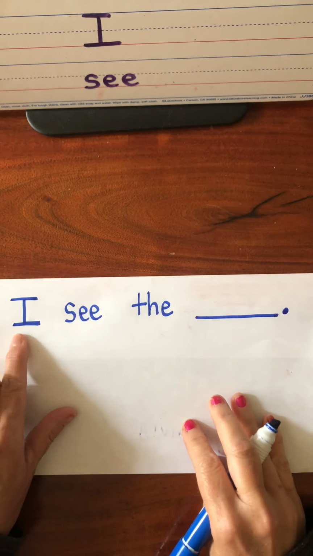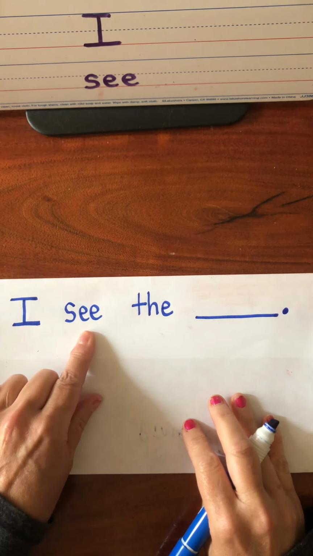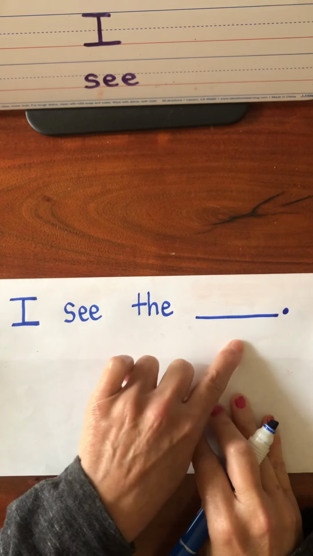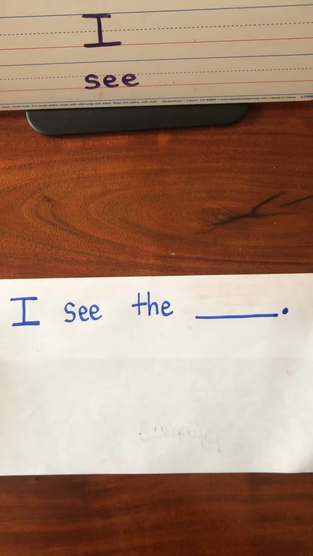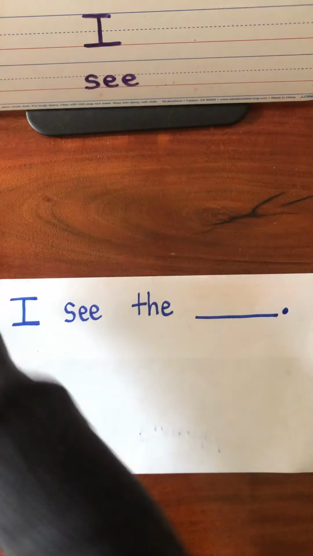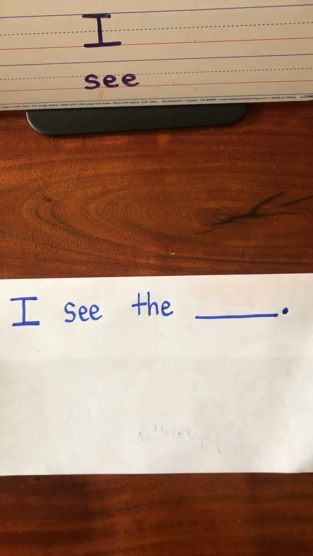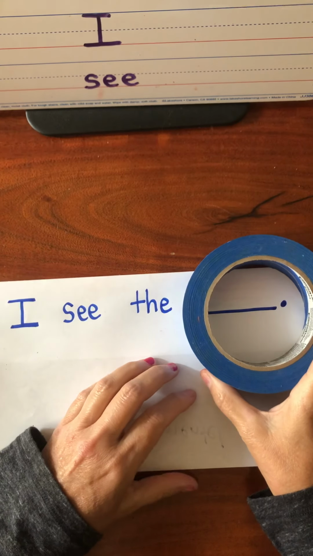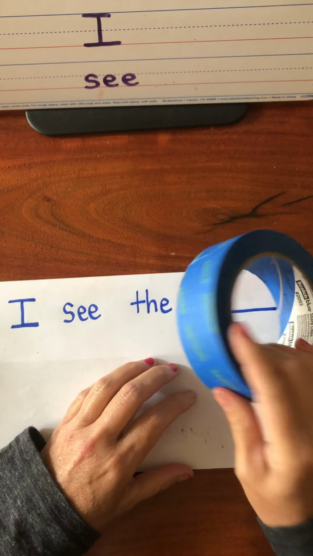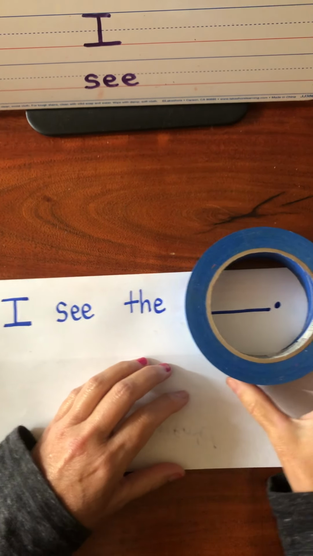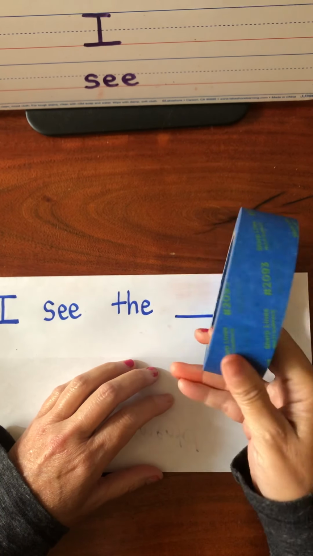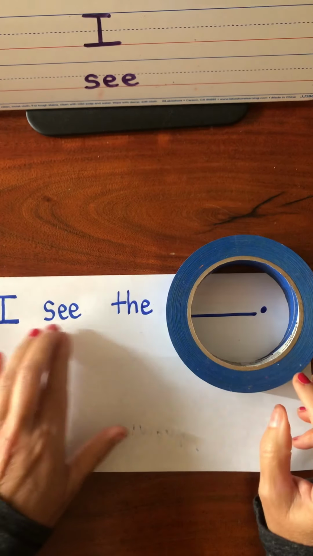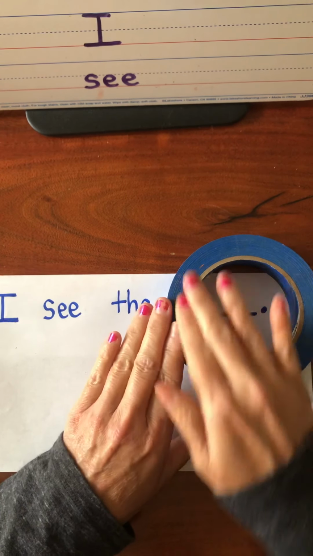So it will be I see the, and then you have a blank there. So whatever you have, what do I have? I see the roll of tape. This is a circle, right? Or it's almost like a 0 or an O, but it is a roll of tape. I see the roll of tape.